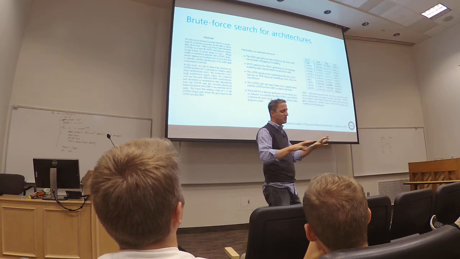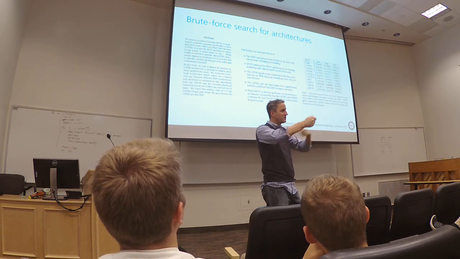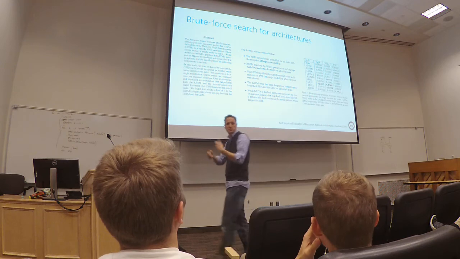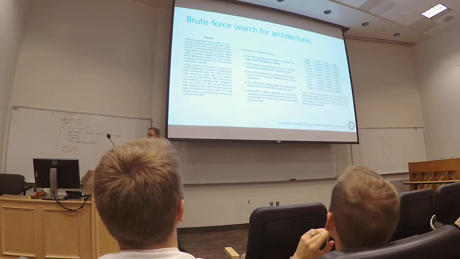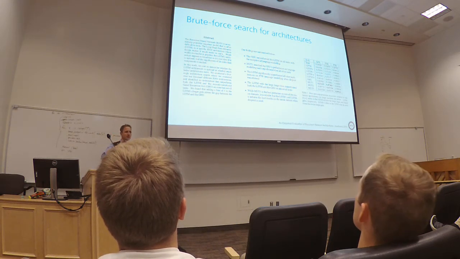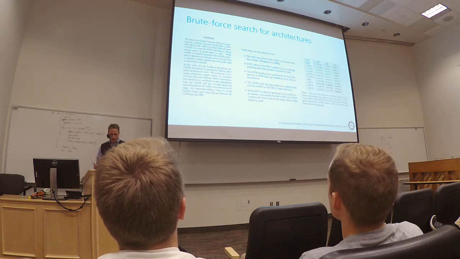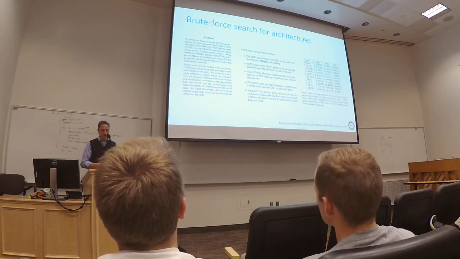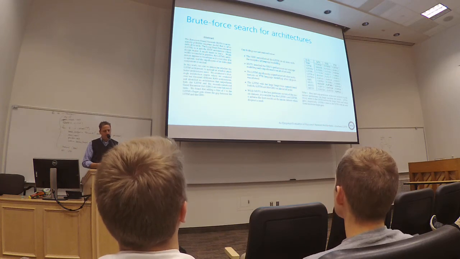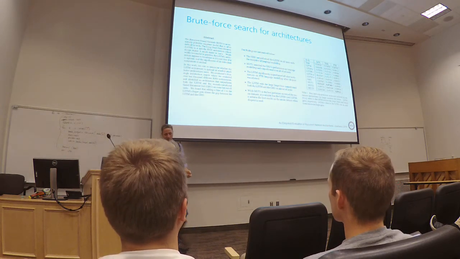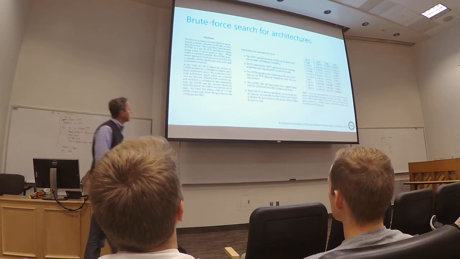Then they take the best ones, mutate their architectures by adding and removing terms and dynamically creating computation graphs, and then they keep going. They search the space of possible topologies in this crazy brute force way. But it's fantastic work, and the conclusions were quite interesting.